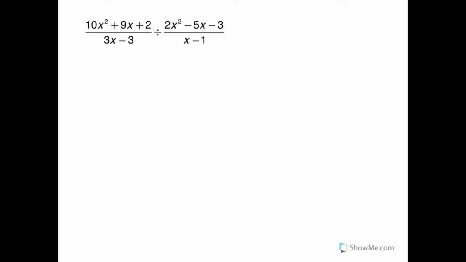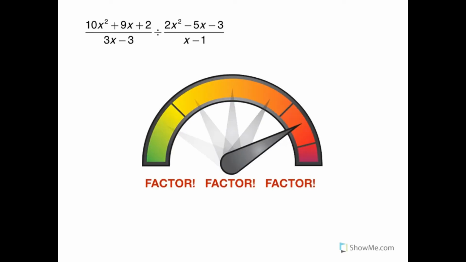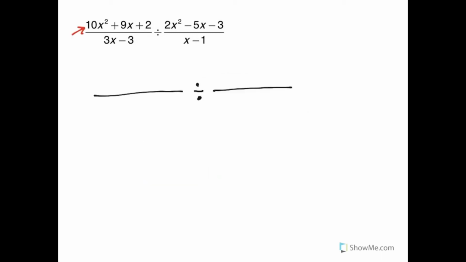We're going to divide these rational expressions. Well, first I want to factor 10x squared plus 9x plus 2. I'm going to use the AC method, so I'm going to multiply 10 and 2, that's 20, and I'm going to find factors of 20 that add to give me 9, which are 4 and 5.